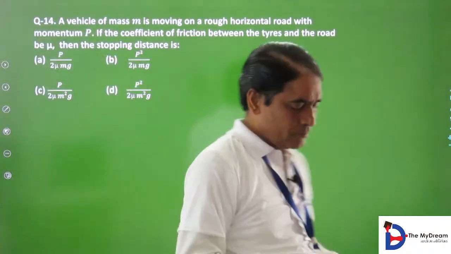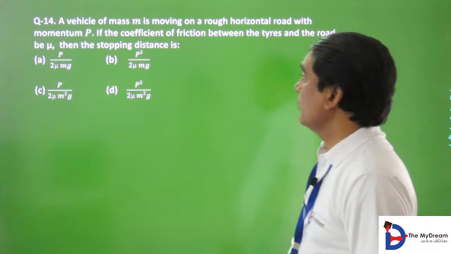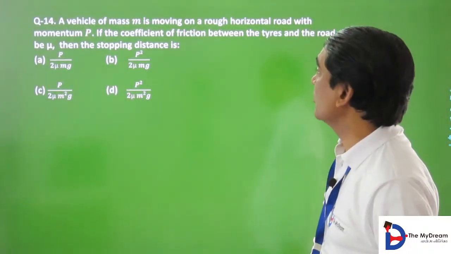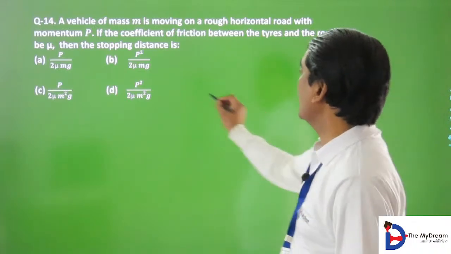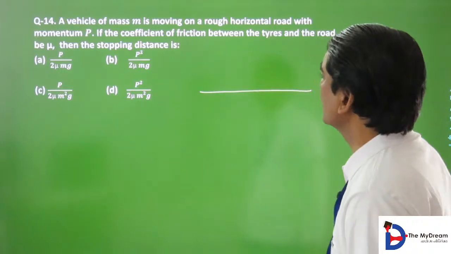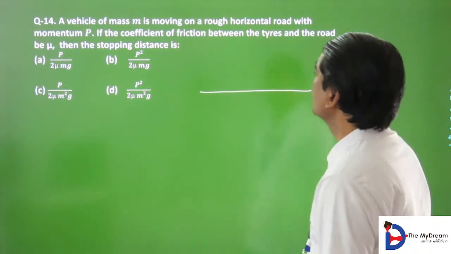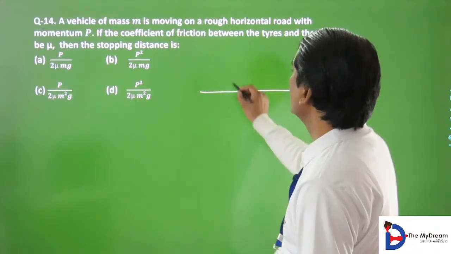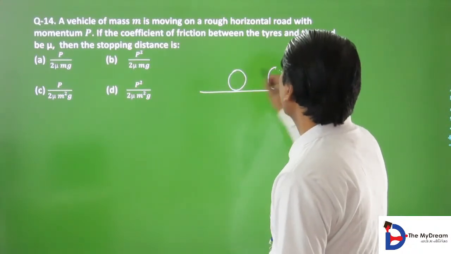Now, a vehicle of mass small m is moving on a rough surface. This is the vehicle, take any vehicle you like.